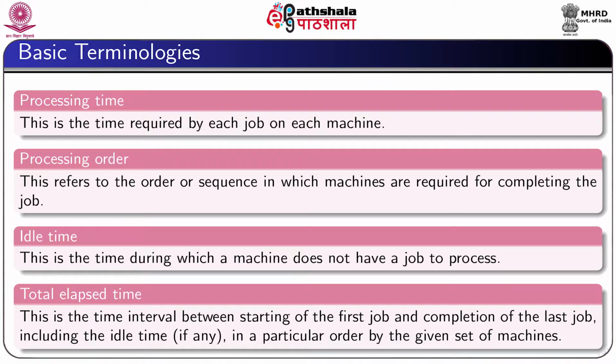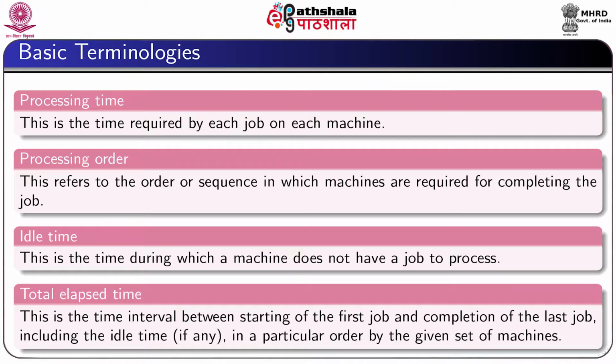Processing order: this refers to the order or sequence in which machines are required for completing the job. Idle time: this is the time during which a machine does not have a job to process.